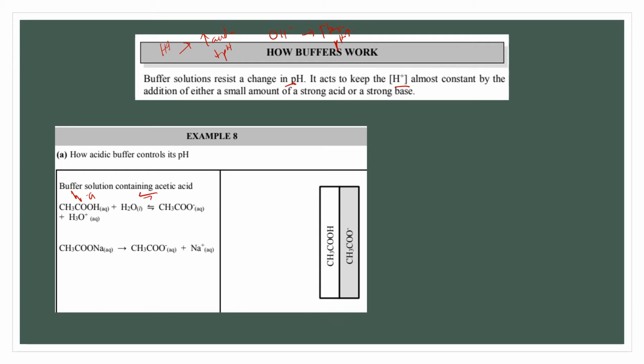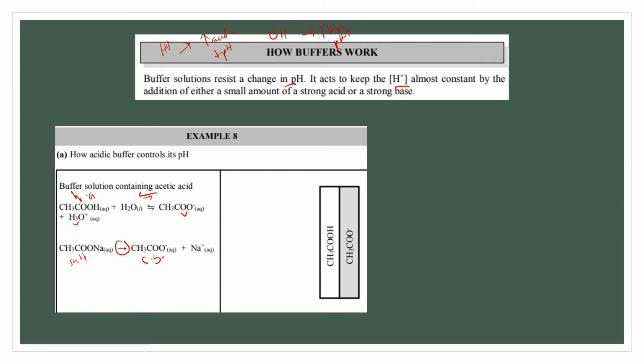And then dia akan formkan dia punya acetate ni dan juga H plus. And kalau kita tengok form the salt, ini adalah salt kita, and the salt ini akan fully dissociate sebab dia adalah salt of the weak acid, dia akan fully dissociate to form the conjugate base kat sini. Dan juga Na+. Yang ni kita boleh ignore. Dia adalah free ion dalam solution awak.